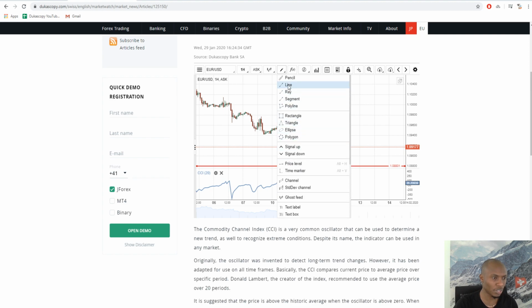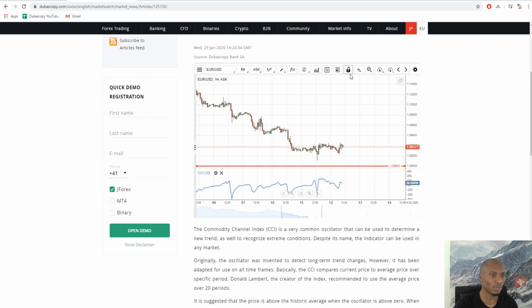Let me take this pencil. So we have the 100. This is 100 and 200. Then we have the negative 100 and the negative 200.